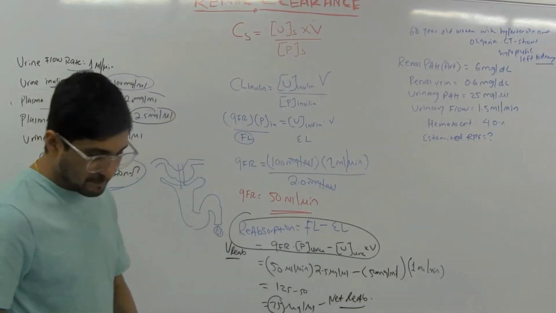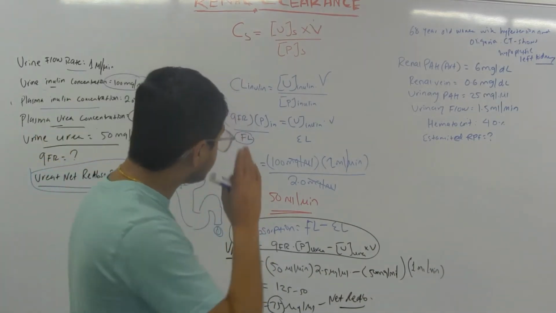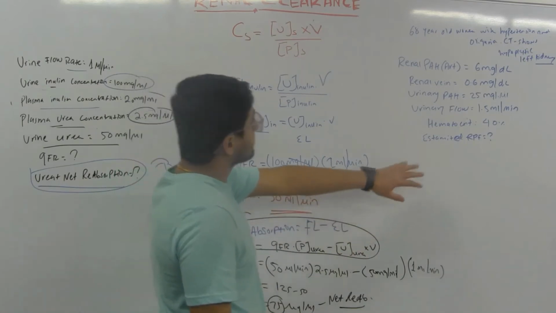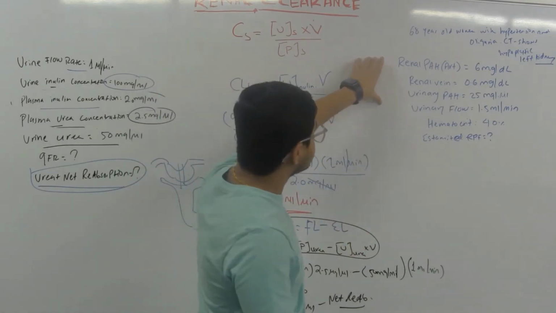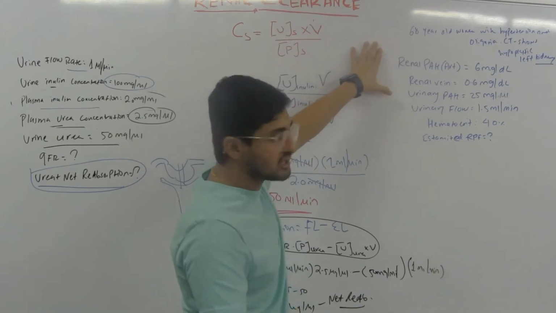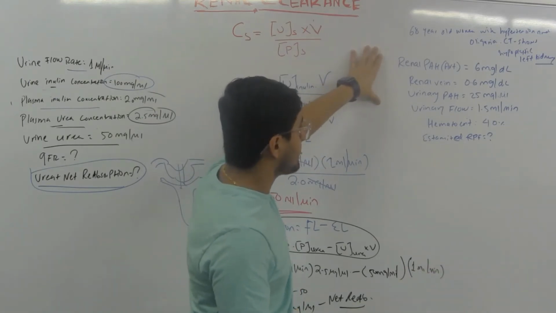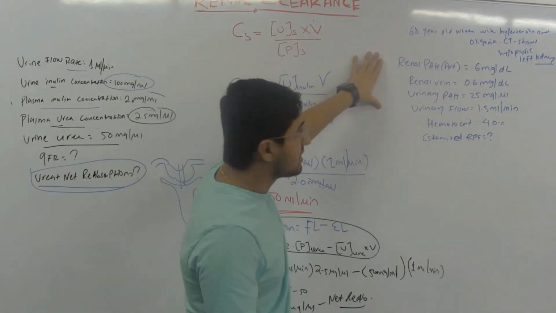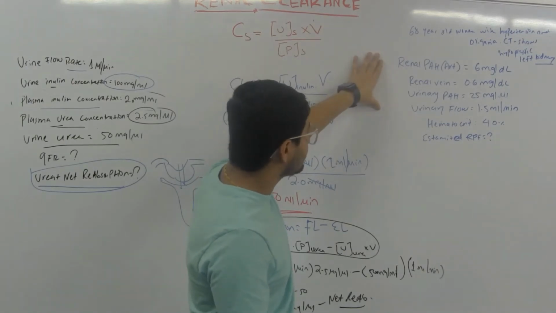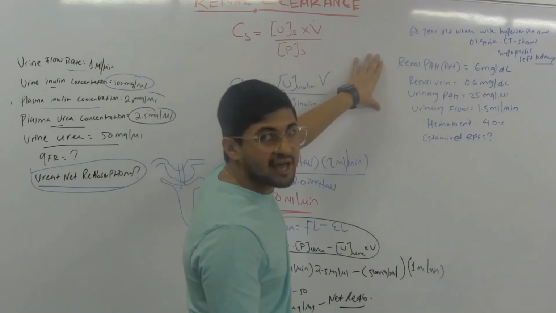Now, after this, let's come back here. This is another patient, a 68-year-old woman with hypertension and oliguria. The CT shows hyperplasia of the left kidney, and they want us to find the estimated renal plasma flow.